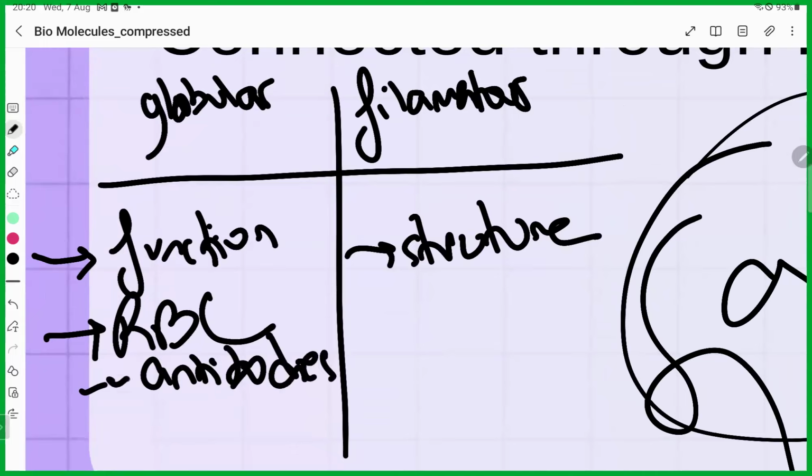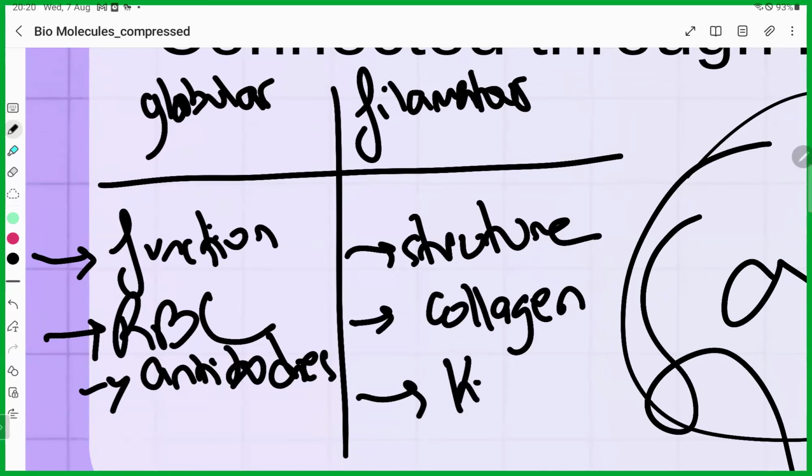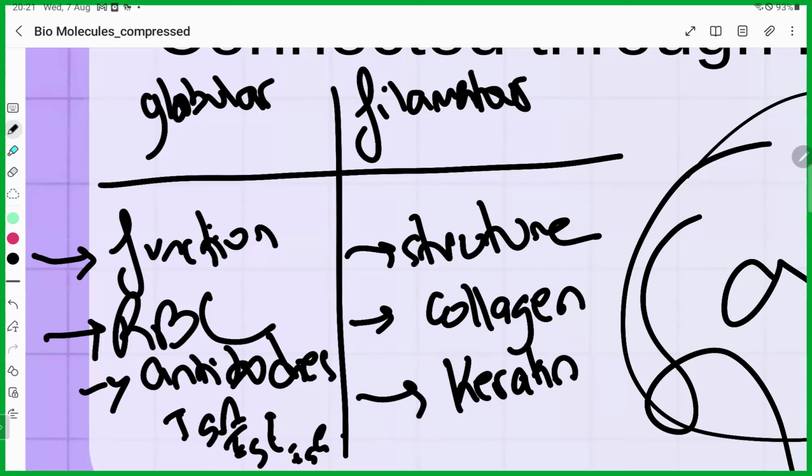However, the filamentous proteins help in the structure: the structure of the hair, the skin, let's say collagen, let's say keratin. These kinds of proteins help in the structure, which are called filamentous proteins. However, globular proteins help only in the function, like red blood cells, antibodies, IgA, IgE, IgG, whatever.